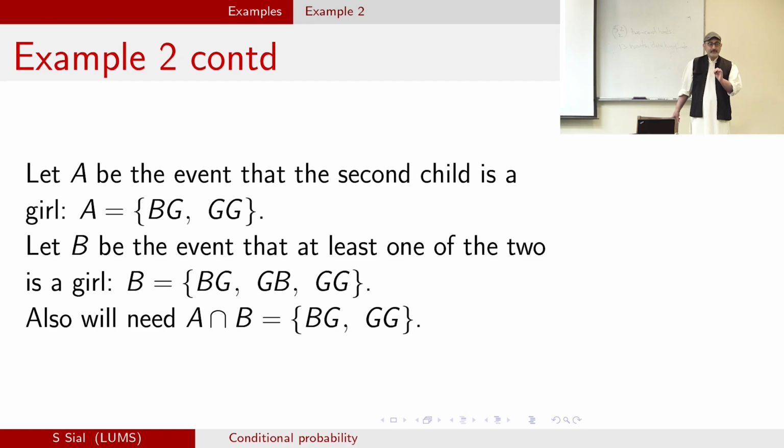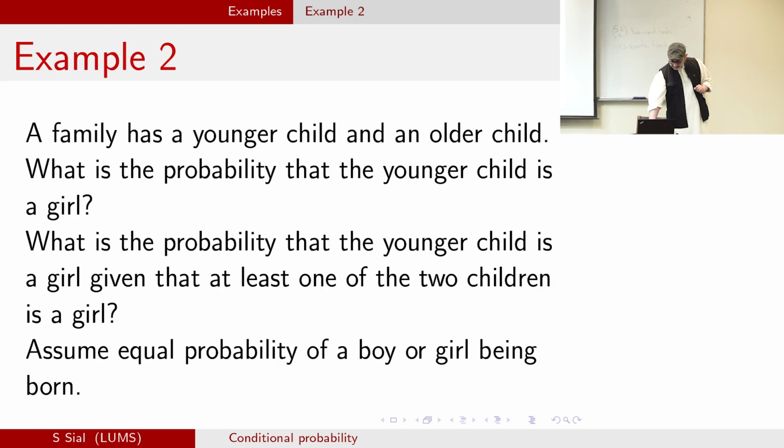So what we were asked for was A given B: what is the probability that the younger child is a girl, given that at least one of the two children is a girl? In the notation that we've used, we've been asked for the probability of A given B.